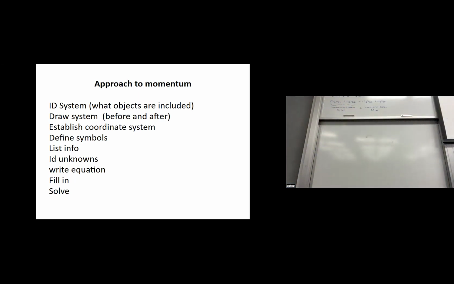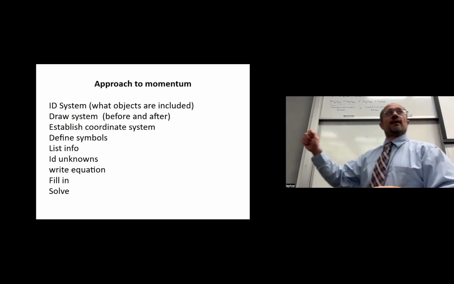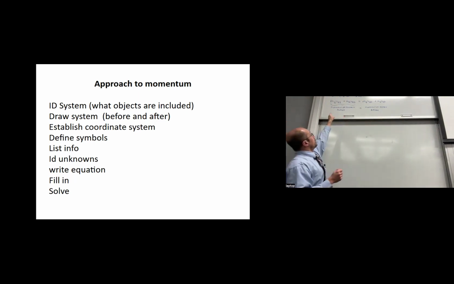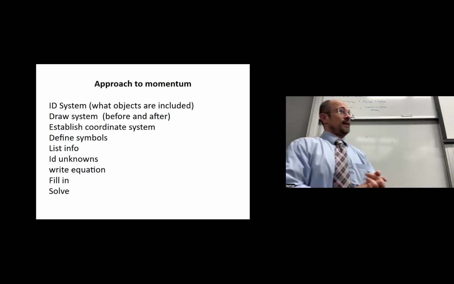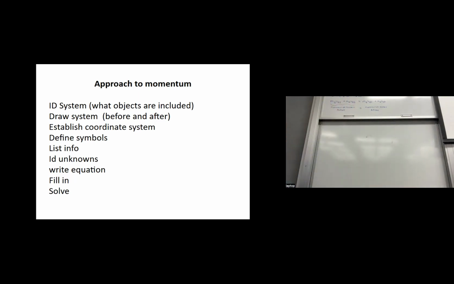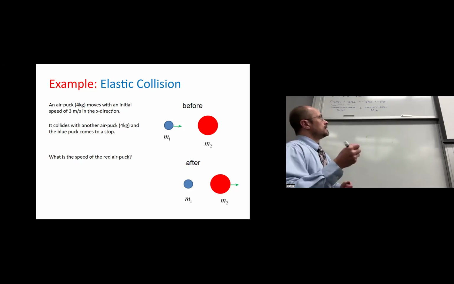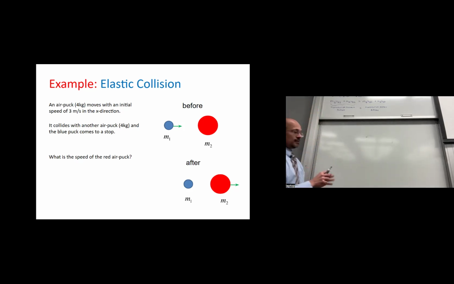You should start writing all the information on your picture that you're given. Identify what you're looking for. Write that equation, plug in your numbers, and solve. And if you do it in that order, you have a really high chance of getting the problem right, or getting to the answer that you need. So let's try this. We'll start with a perfectly elastic, a nice, easy collision.